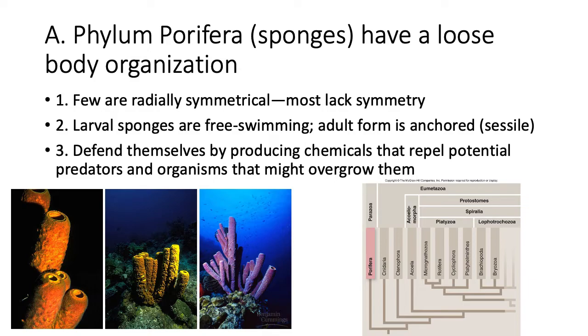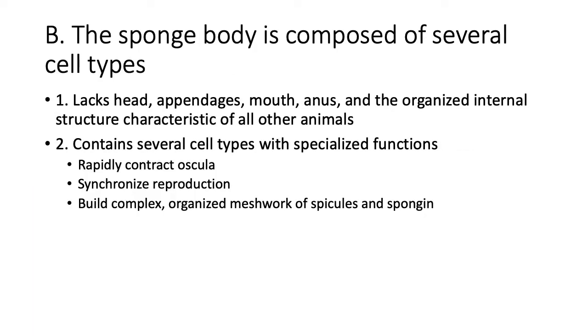Okay, so let's take a look at the special cells that sponges have. There's a lot of different cell types. Despite being a sponge, they don't have any heads, no appendages, no mouth, anus, or any type of internal organized structure like all the other animals have. But they do have some cell types that carry out special jobs, like cells that rapidly contract the osculum, which is the opening pore on the top.